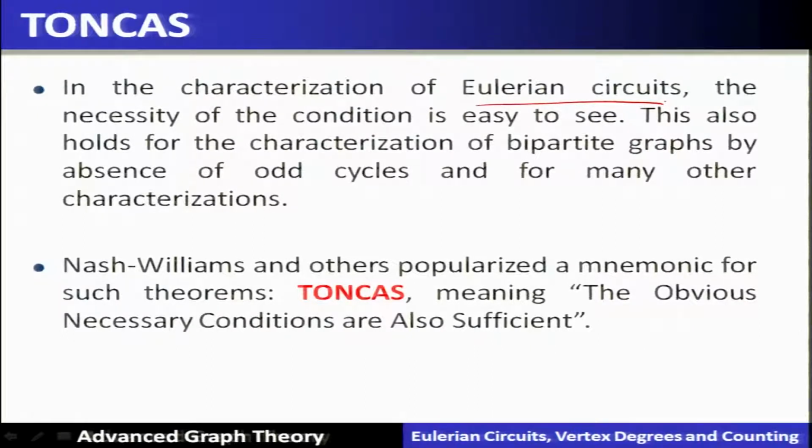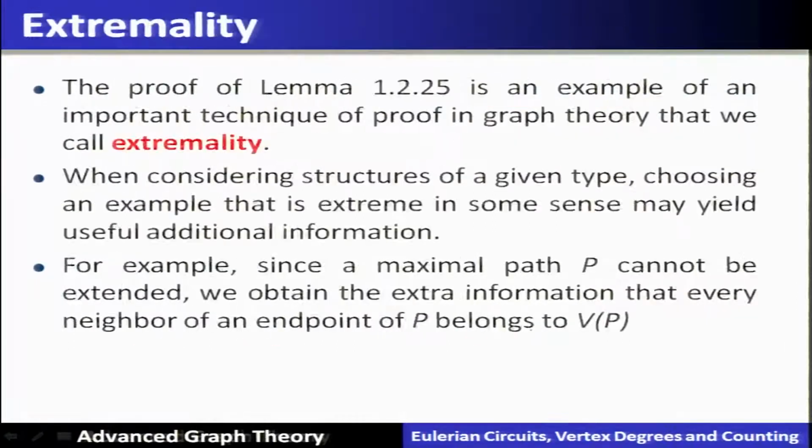All these characterizations make equivalent statements, and we are using them in graph theory. Nash-Williams and others popularized a mnemonic for such theorems called TONCAS, meaning that the obvious necessary conditions are also sufficient.